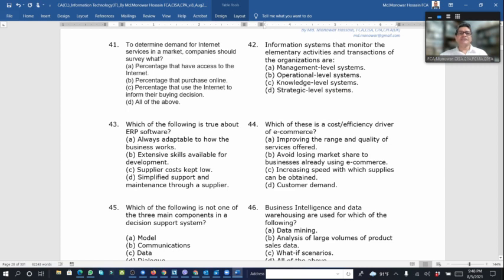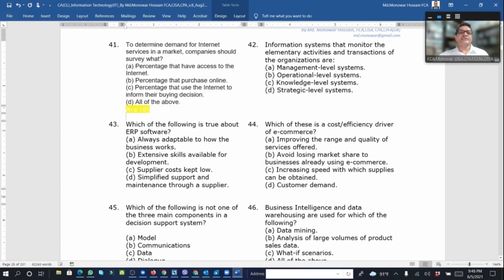To determine demand for internet services in a market, companies should survey. For example, if an internet provider goes for a market survey, what has to be done? The percentage that have access to the internet, the percentage that purchase online, the percentage that use the internet to inform their buying decision. What would be the answer?